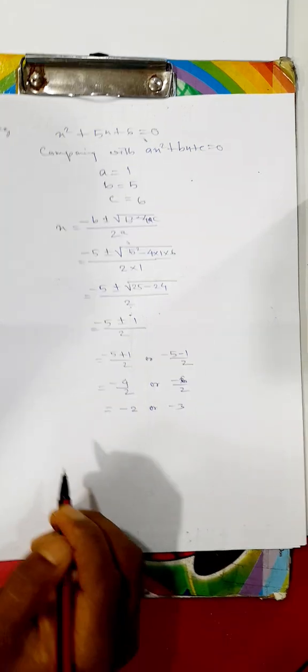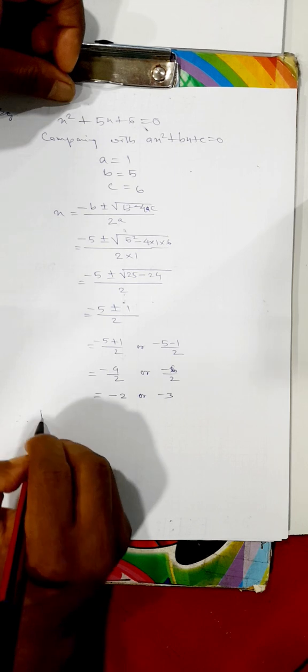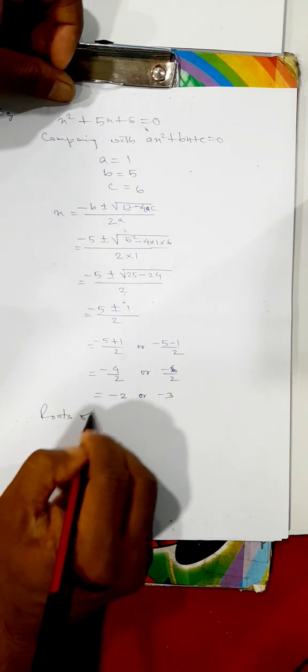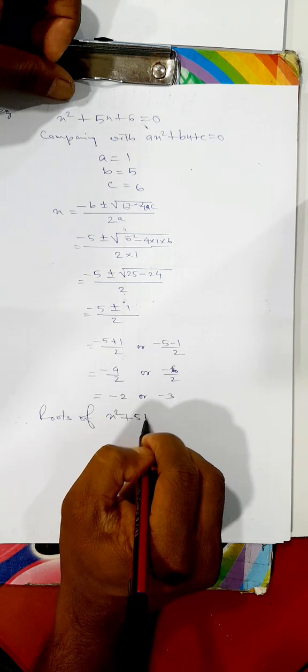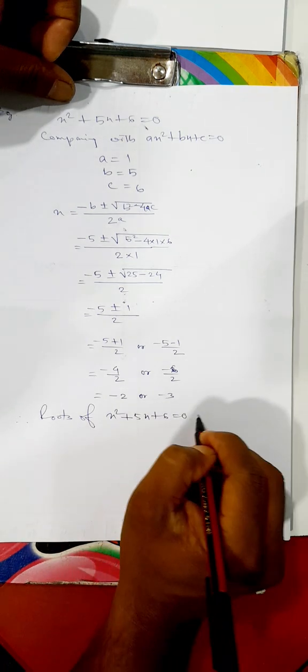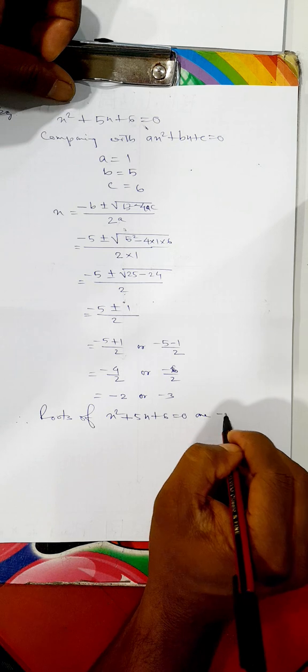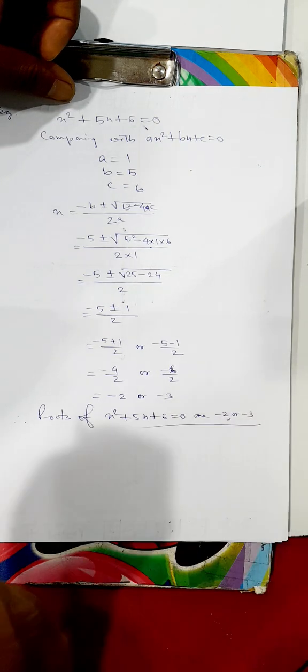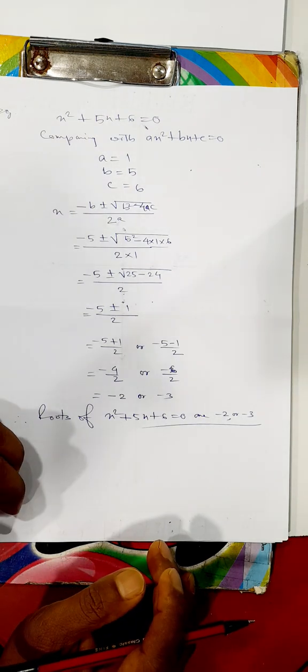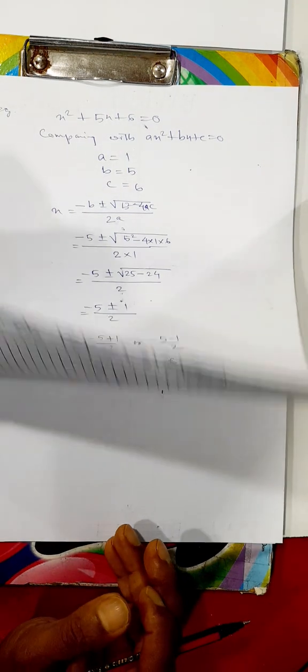So these are the roots of this equation. Therefore, roots of x square plus 5x plus 6 equal to 0 are minus 2 or minus 3. This is how you can solve a quadratic equation using standard formula.